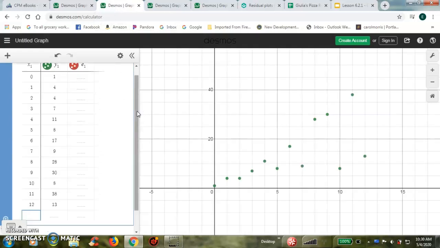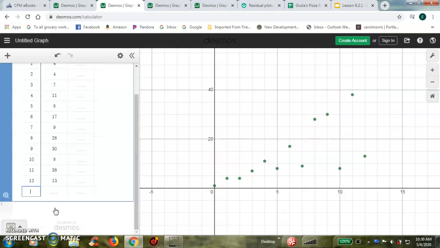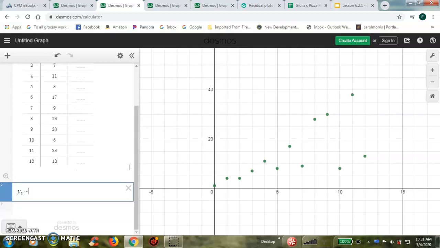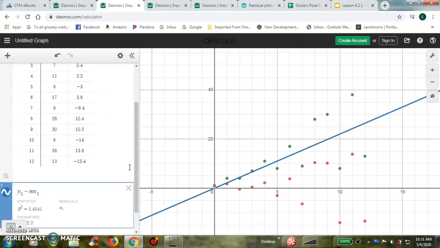Now, if you look at this one, you can see I've graphed some points here. As the x values increase, the y values get further apart. Let's see what that looks like when we actually graph the residuals. So again, y1 tilde m x1 plus b.